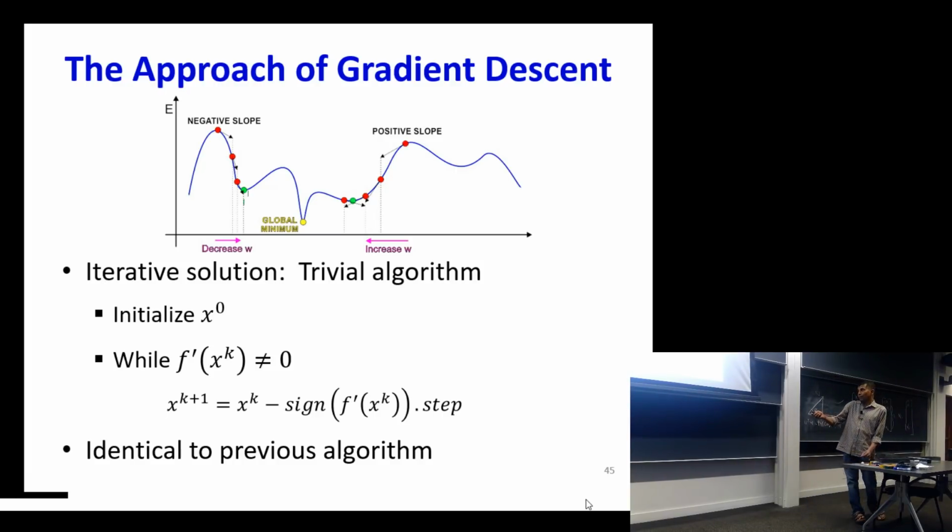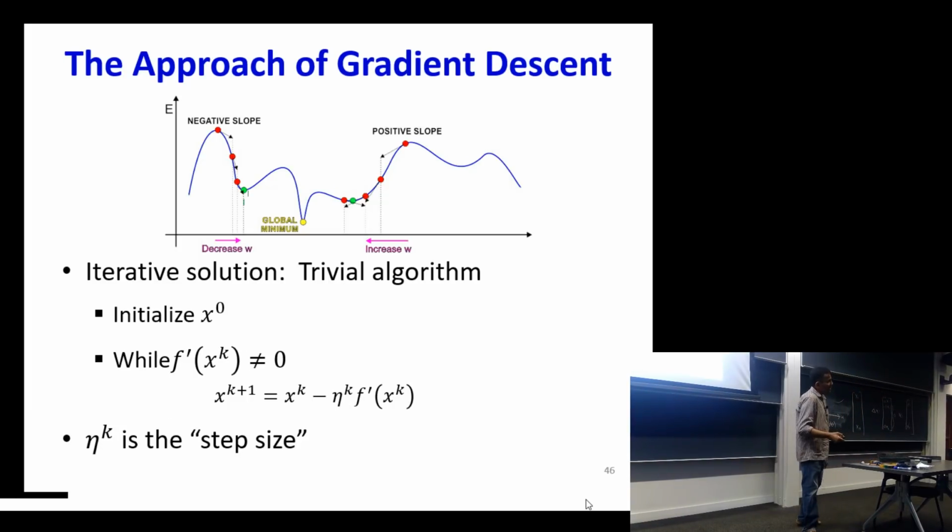Except now I can merge the two and just say I directly use the derivative and use some step size, which is some unknown parameter. We'll deal with it later. So all of these are exactly the same logic that we began with. Meaning, if the derivative is positive, you walk against the direction of the derivative, otherwise you walk in the direction of the derivative, and you will hope to decrease the function.